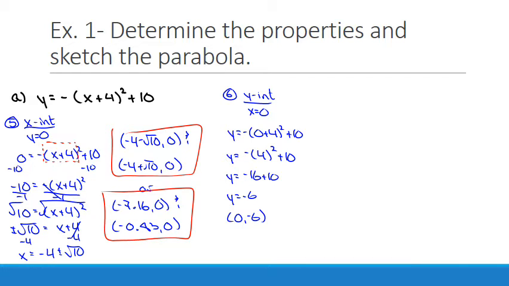All right, and then after that, we're just going to sketch real quick. For a sketch, we're going to try to use 3 to 5 points, 5 if we can. So I have to see what I have. I have my vertex, which again was negative 4 and 10.